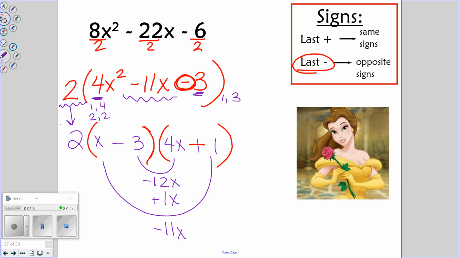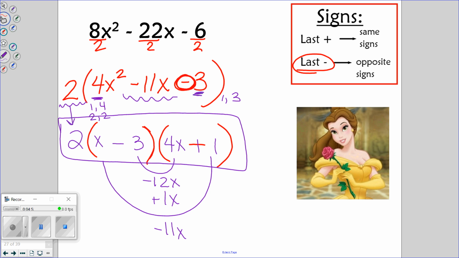So when I tell you you lost your baby brother, I'm telling you that you lost your GCF that you pulled out to begin with. This is part of your answer, okay? Because the goal of factoring, I should be able to take this and get all the way back up to the beginning. If you leave that behind, I would multiply these and I would get to this, but would you ever be able to get back to the beginning? I wouldn't. I still need him, okay?